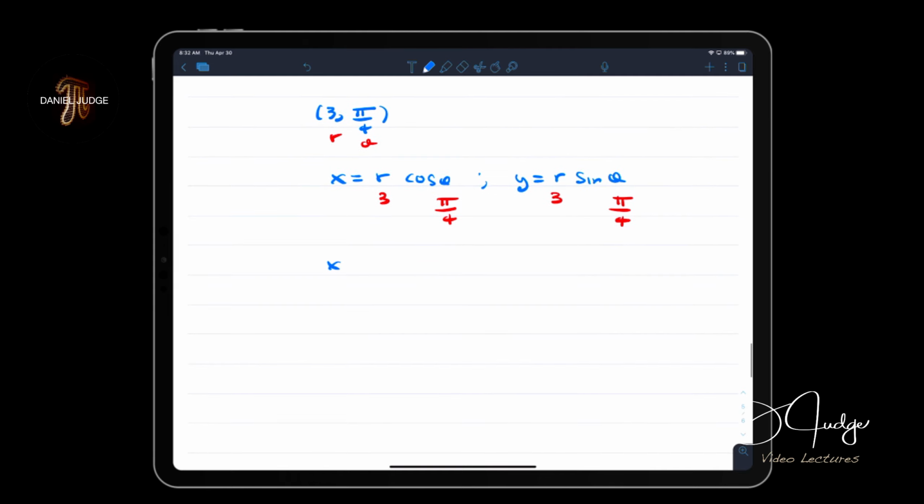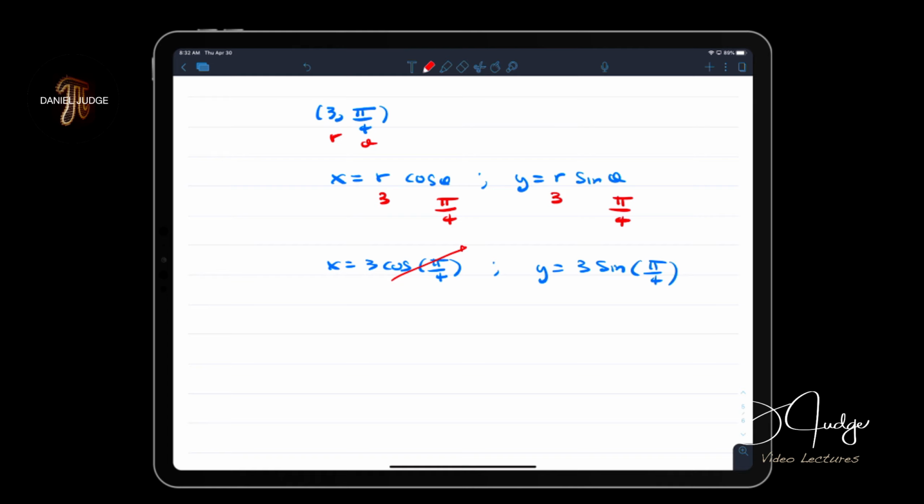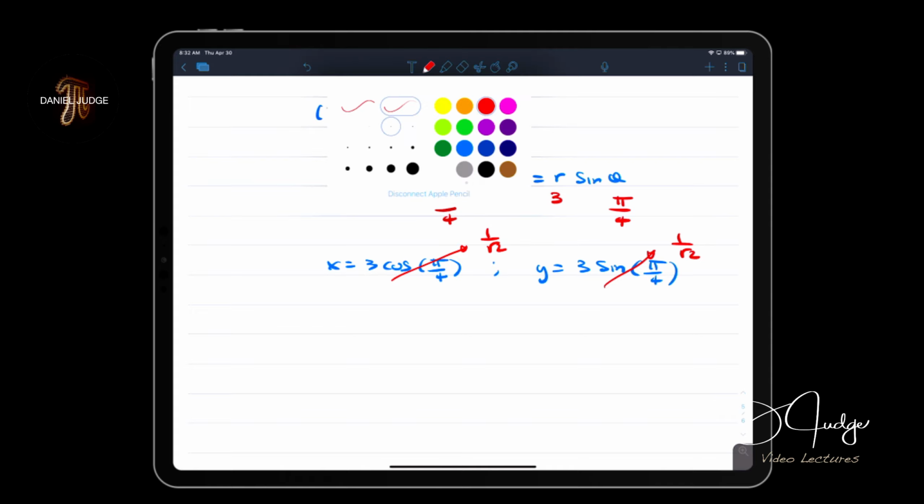So you get x will be 3 cosine pi over 4. You get y is going to be 3 sine pi over 4. Now, these are 45 degrees. You guys know what these are. This is going to be 1 over the square root of 2, or square root of 2 over 2 if you rationalize the denominator.